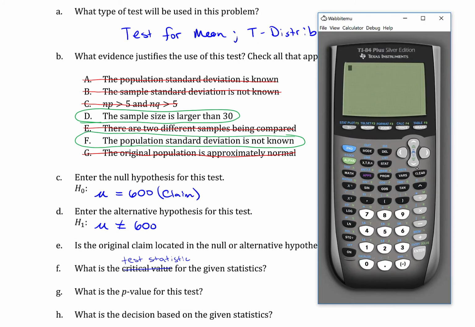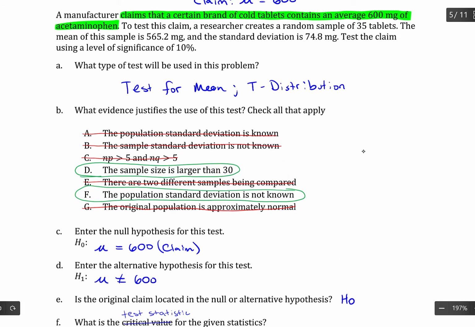We know that we're using the t-test function because we've already made all that decision. So we'll hit the stat button, come over to tests, down to t-test. We already have the statistics of our sample. We just need to enter those statistics in.